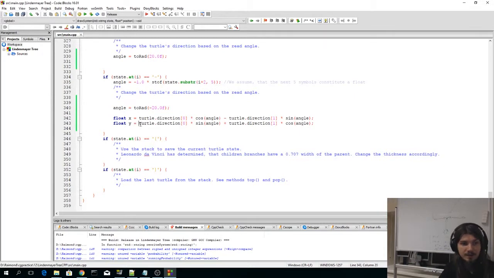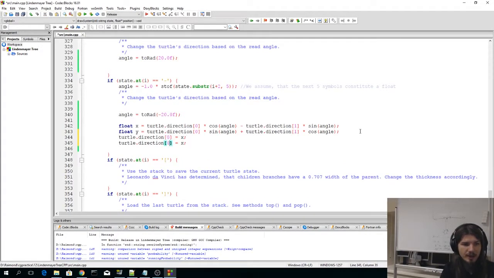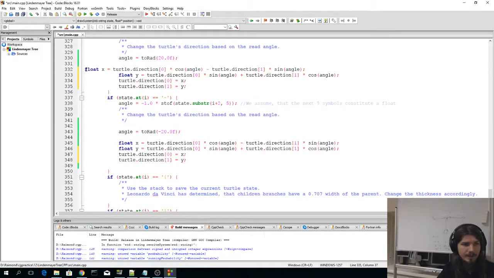And I can just write something like this here, because this turtle direction 0 is also used in finding the other rotated coordinate, so I need separate variables. And now when we have rotated it, we can say that turtle direction x is new x and y is this new rotated y. And we want to do the same thing up here as well.